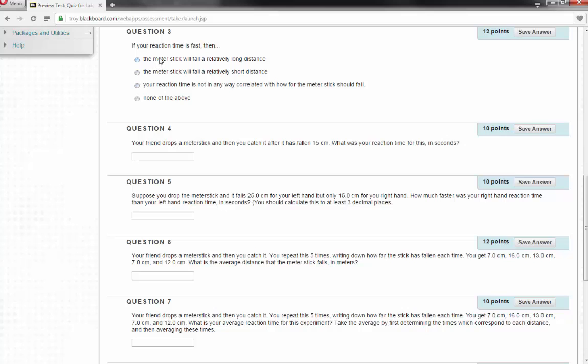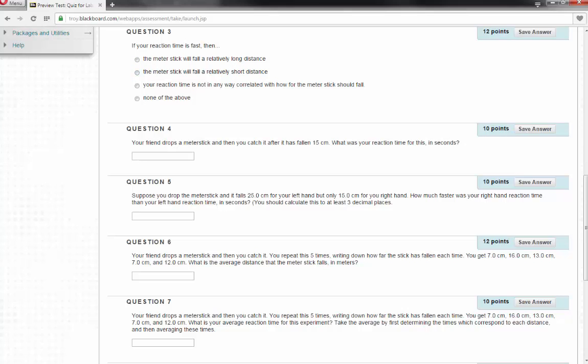It needs to be one of these two. It has to be that either the stick falls a longer distance for a faster reaction time, or it has to be a shorter distance for a fast reaction time. So one of these two has to be the correct answer.